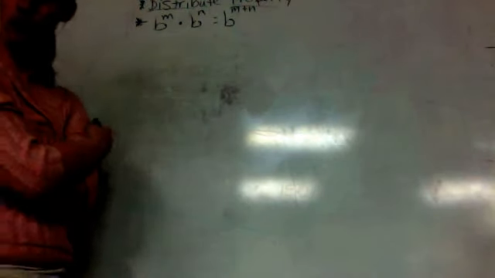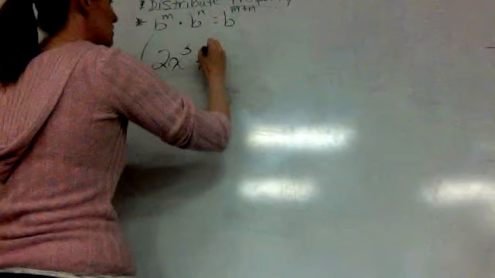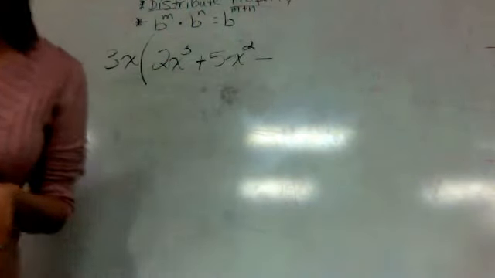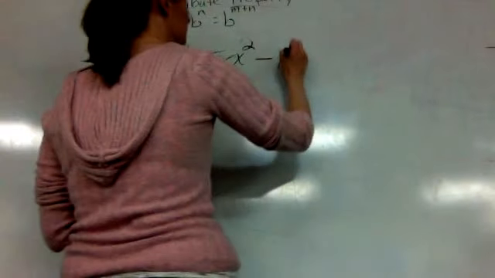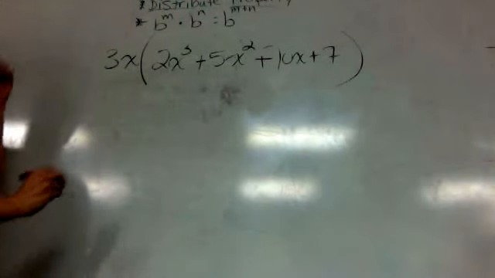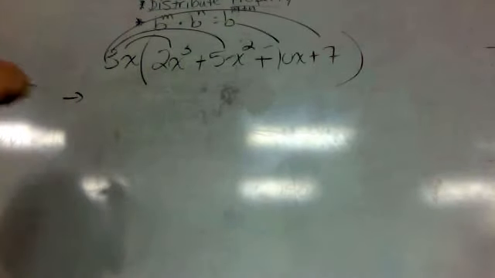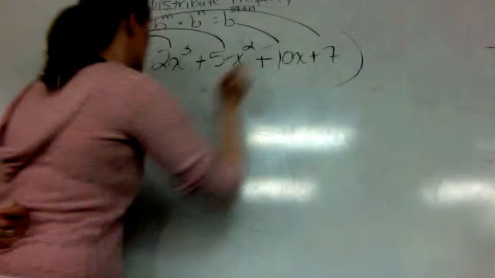Let's try one where we're going to take a monomial times something more than a polynomial. Let's take a monomial times a 4 term. 3x, and then in parentheses, 2x to the third plus 5x squared minus 10x plus 7. First thing I'm going to do is add a line, turn that into addition. Again, it's the distributive property, but instead of distributing to 2 terms, we're going to distribute to 4. Now, this is a step that if it helps you, go ahead and do. If not, some of us can go ahead and do this multiplication without writing it out.